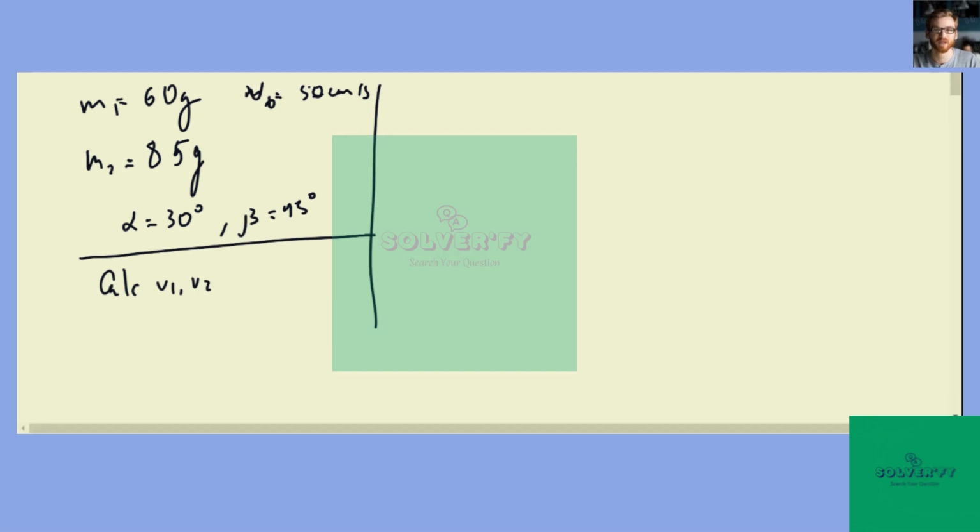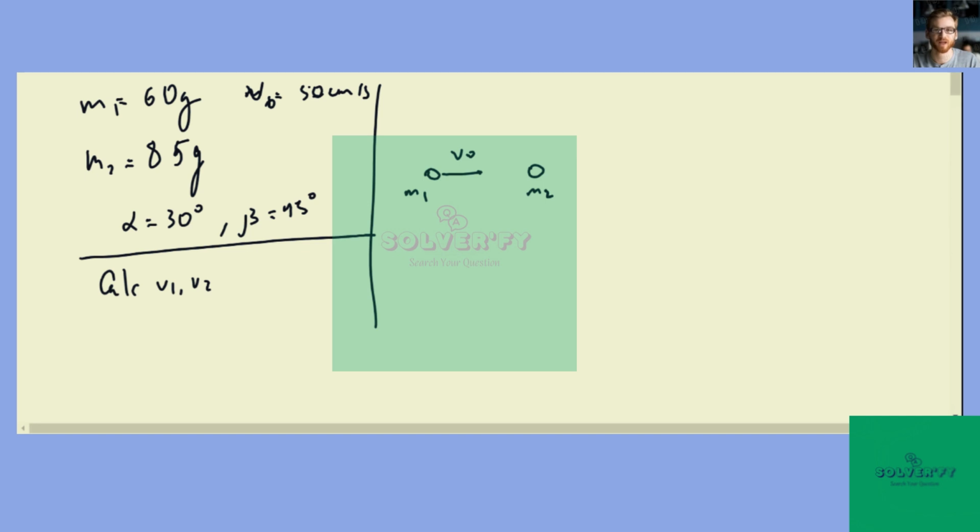Here we have to solve the following problem. The mass m1 has an initial horizontal velocity of v0 when it strikes the stationary mass m2.